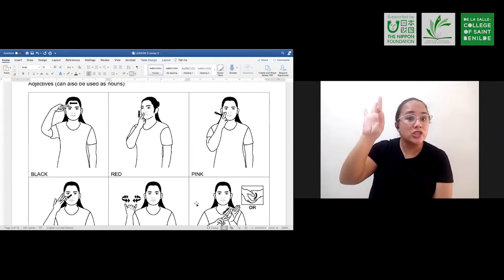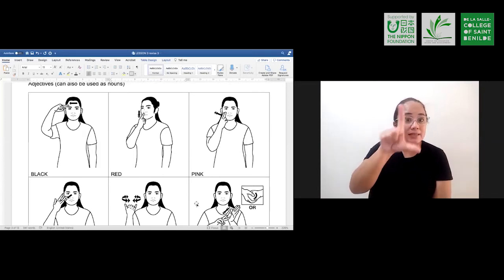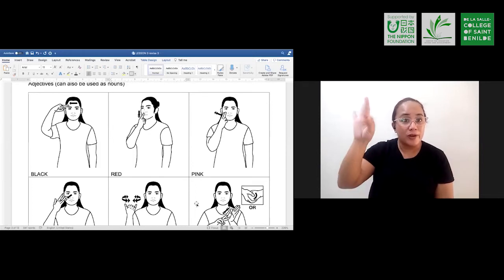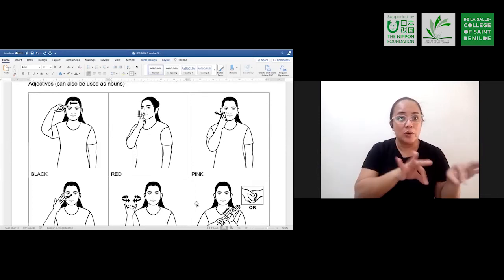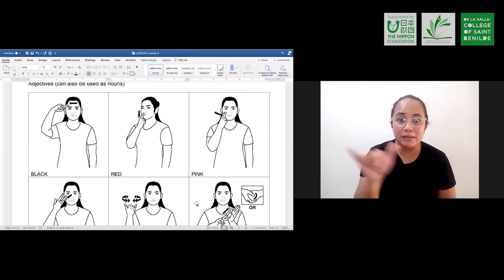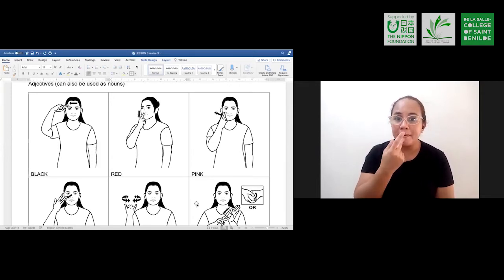They were imported into ASL, and from ASL into Thai Sign Language, and from French Sign Language into Ho Chi Minh City Sign Language. This sign for black in the north of Vietnam is a different sign. Okay, red, the same. Pink in ASL is pink or pink. Yeah, red and pink.